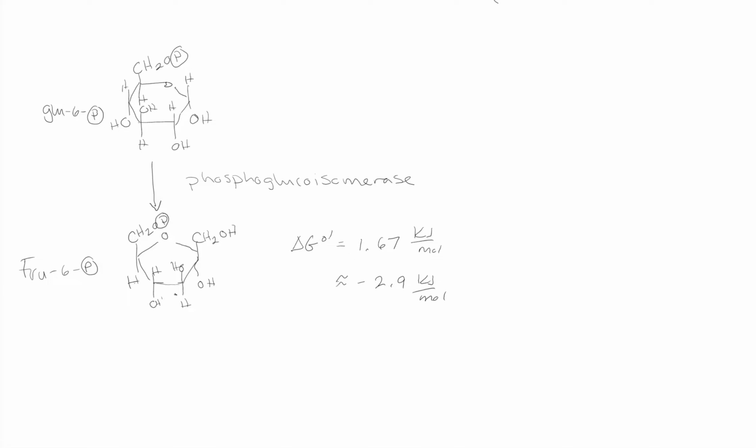Either way, both of these are operating near equilibrium conditions, and under biological conditions, just slightly on the favorable side of equilibrium. So not only is it operating near equilibrium, it's readily reversible.